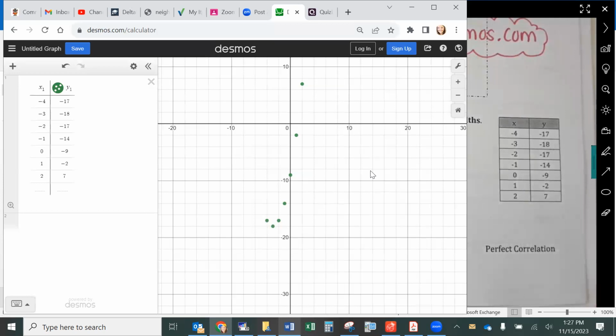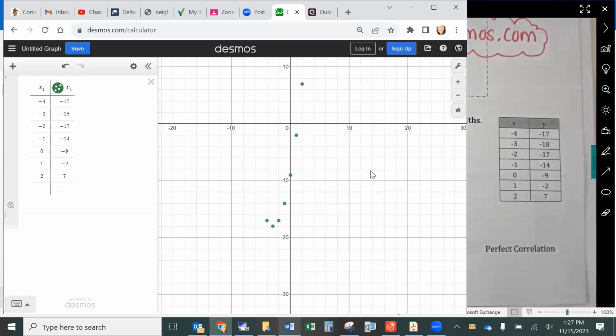Look at mine real quick. Do you see how this makes a U shape? You may not see it on yours. You may have to scroll out a little bit. But do you see how that's a U? And anytime that it's a U, this is the regression that you're going to do.